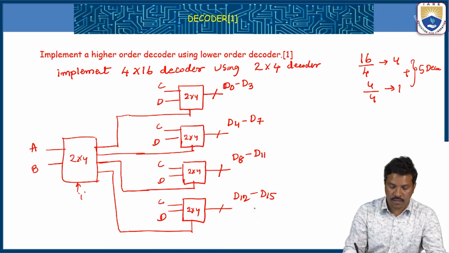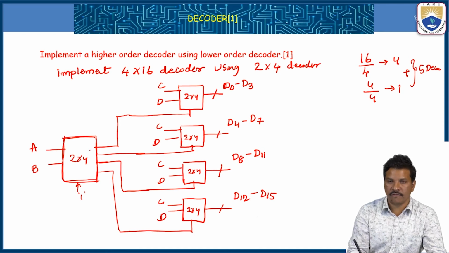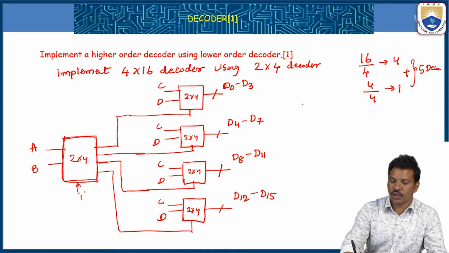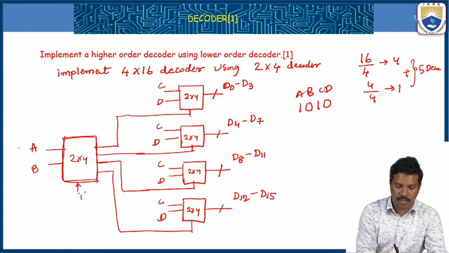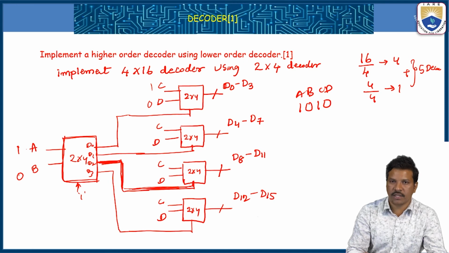Let us check with one combination, 1 0 1 0 for A, B, C, D. When I am taking 1 0, if it is enabled high, 1 0 means we can take the third path, like D0, D1, D2, D3. D2 is enabled. D2 is high, remaining all are zeros. When it is high, this chip is on, this decoder is on.